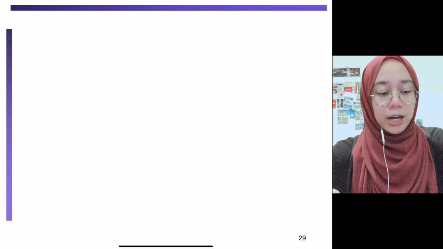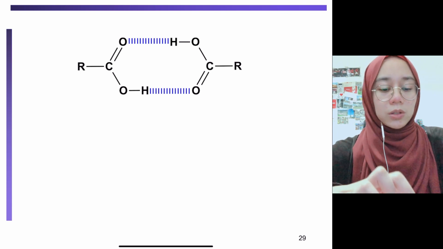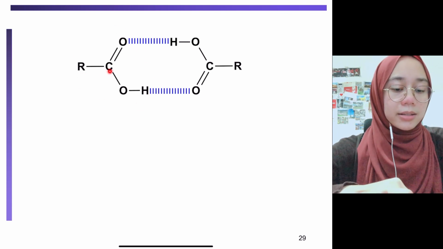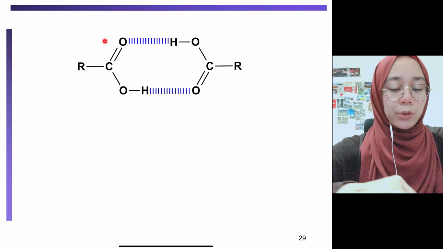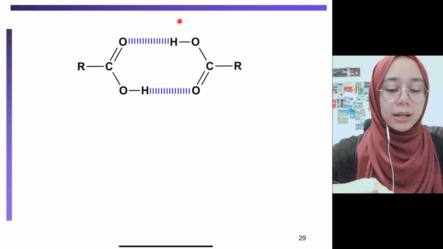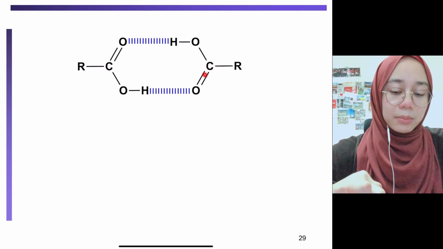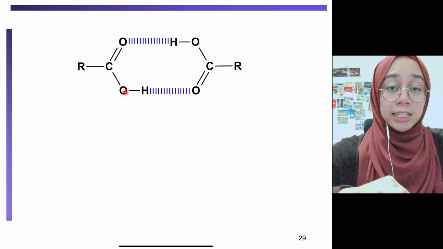Okay, lepas ni kita tengoklah. Okay, so macam mana rupa dimer? As you can see, this is one carboxylic molecule, RCOOH, kan? Ini adalah satu carboxylic molecule. Meanwhile, ini pula another carboxylic molecule. So, bahagian carbonyl ni, C double bond O ni, this particular oxygen here, dia form hydrogen bond dengan hydrogen daripada bahagian OH.